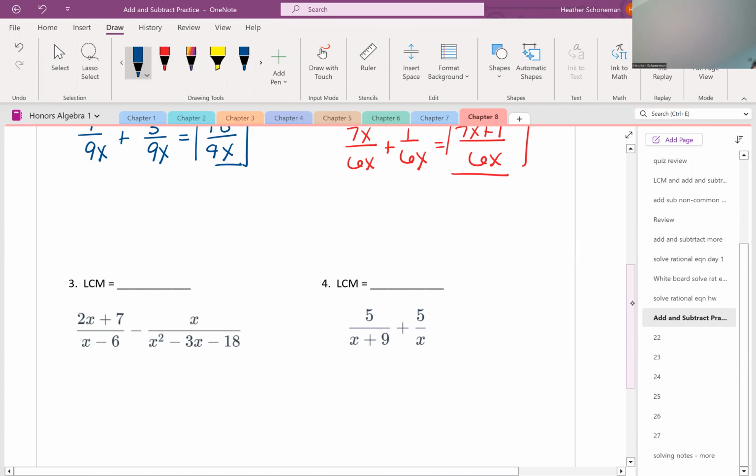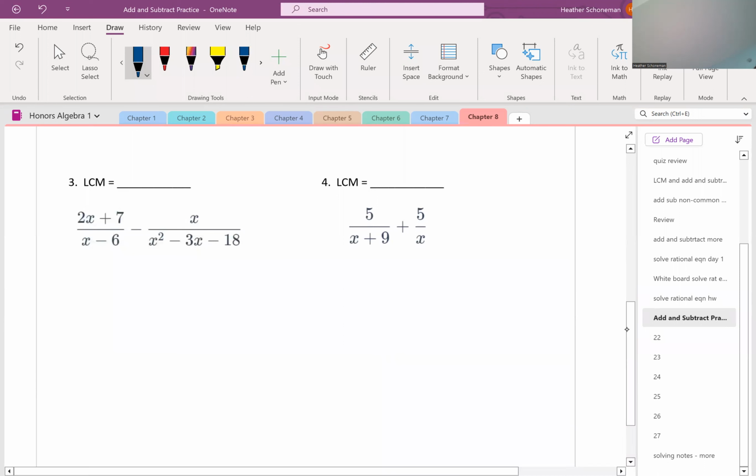Okay, let's look over here at the next one. Over here, to be able to add, I need to have common denominators. But to figure out the least common multiple of the denominators, everything has to be factored. So this is going to factor to x minus 6, x plus 3. So now I know my least common multiple, having everything represented as x minus 6, x plus 3. This second fraction is exactly what I need. I'm not going to change it.